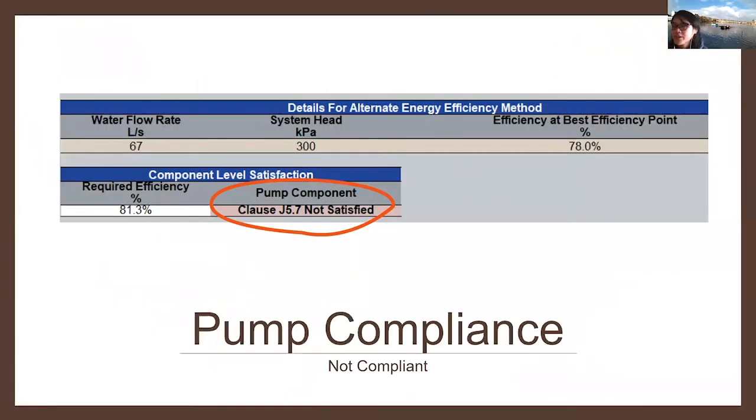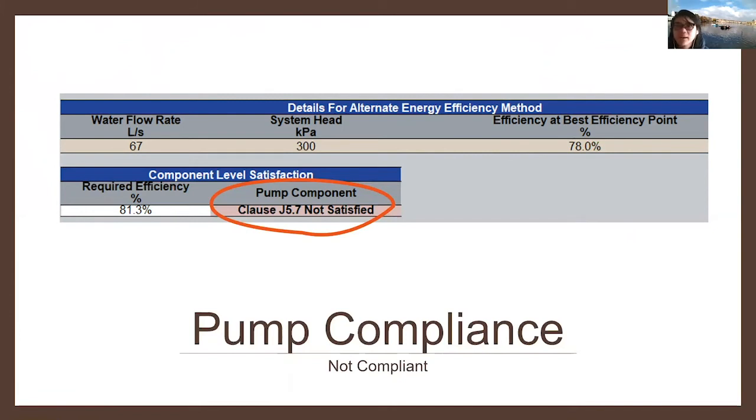So again, just going through the steps that we've gone through before, looking at pump compliance. We put in the BEP, which is 78%, the updated flow rate and system head. And now we don't comply because our BEP is 78% compared to where we need to be, which is 81.3%.